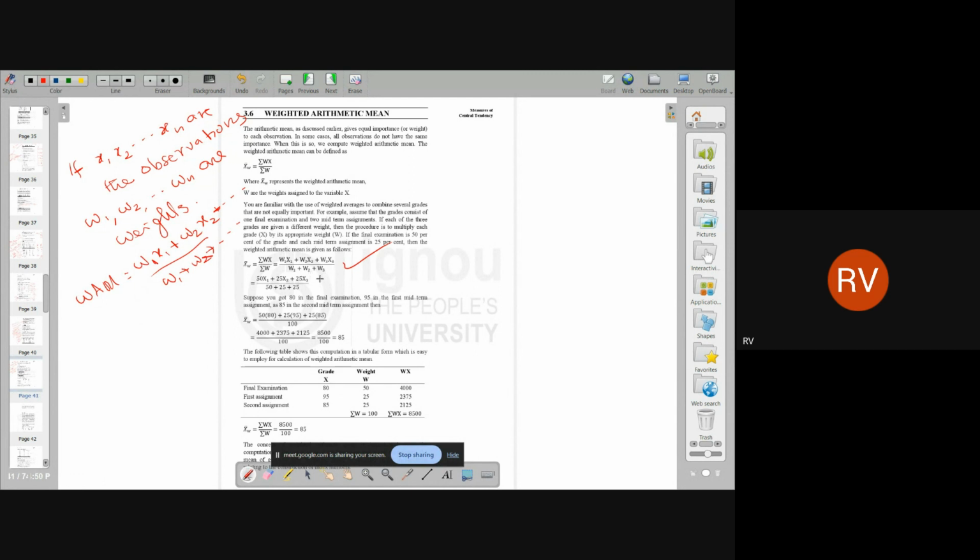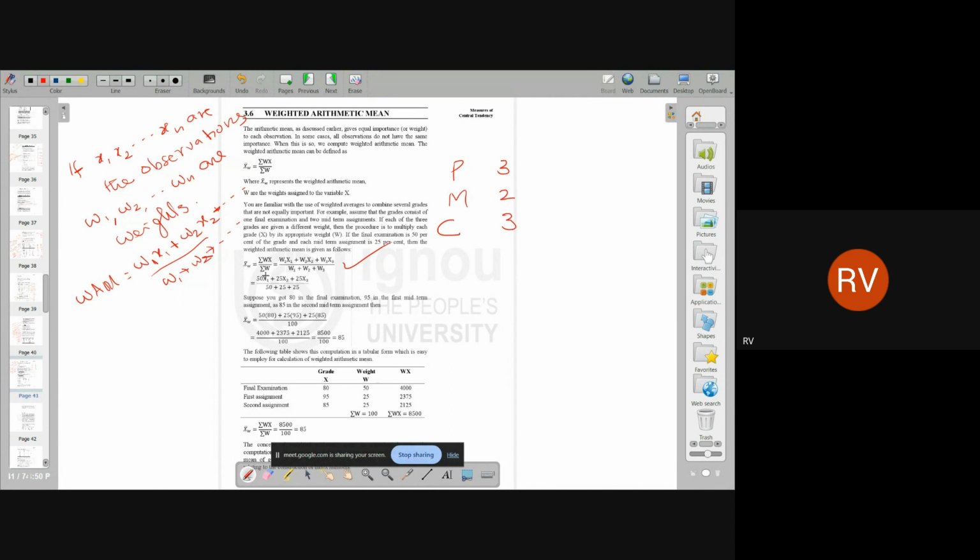For example, for an admission, the marks obtained in plus 2 physics have weight 3, maths weight 2, chemistry weight 3.